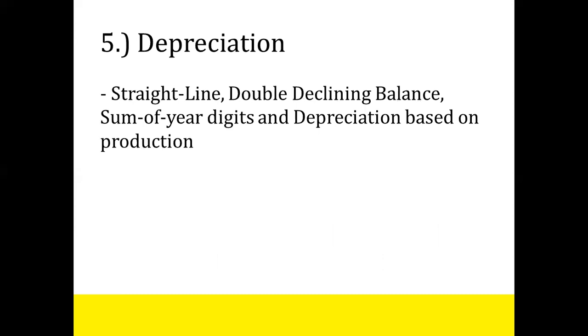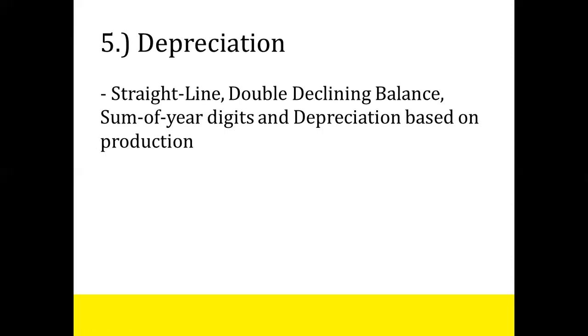Next is we have depreciation. So maraming methods sa depreciation. Straight line, double declining balance, sum of year digits, and depreciation based on production. I will not discuss this further kasi alam ko, ito yung pinakamadaling topic sa accounting. So I do not need to discuss this a lot.